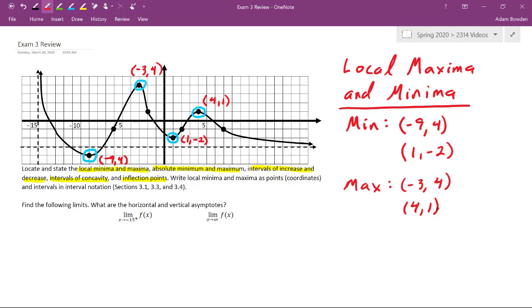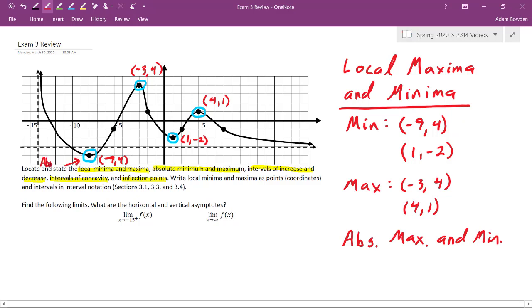Okay, and then the questions about absolute maximum and minimum take the form of asking what is the very lowest that the graph goes down to and what's the very highest that the function goes up to. So in this case we do have a very low point below everything else down here.